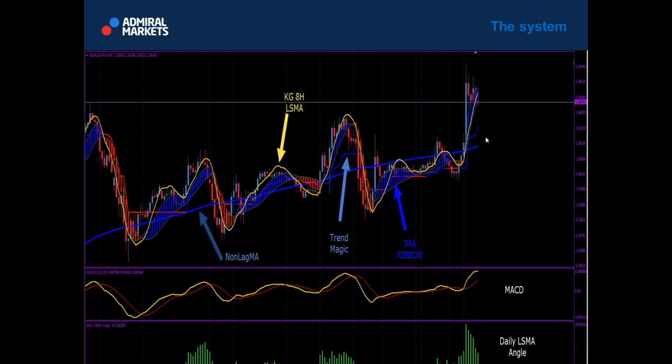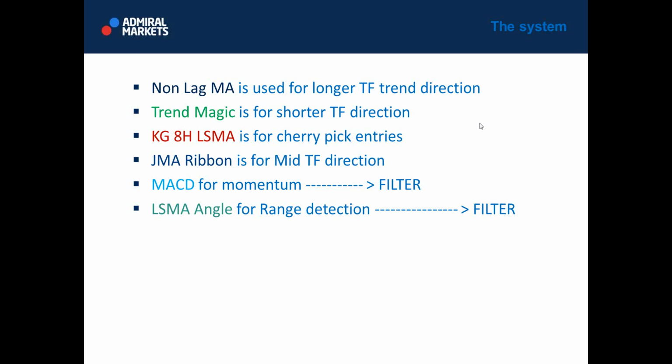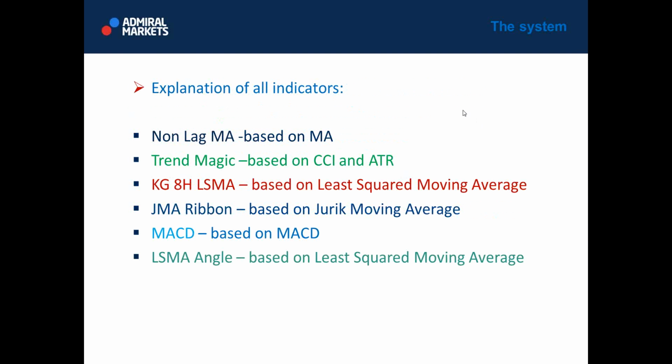So that is the worst thing. Stay away from that. Repaint means that the indicator repaints itself to falsely present you the opportunity for trade. Non-repaint indicators are, of course, best.